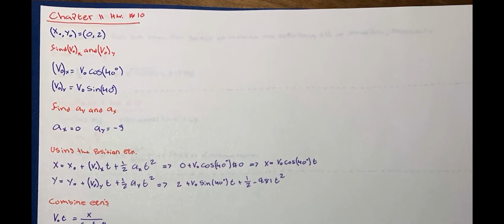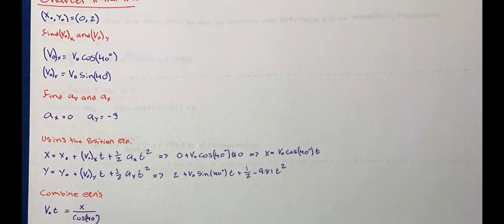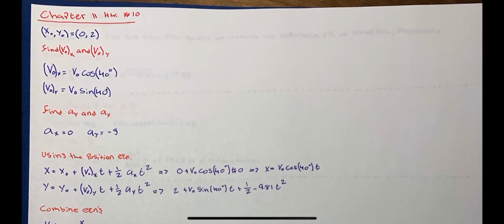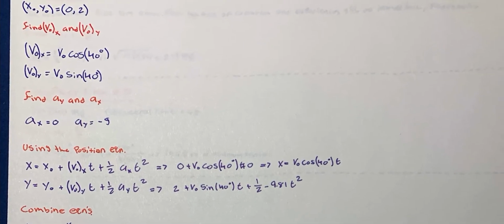So first I wanted to find my zeros, and so this is where the ball was thrown from, is 0 and 2. And we'll want to find the initial velocity in the x direction and the initial velocity in the y direction. We can do that by these equations here.